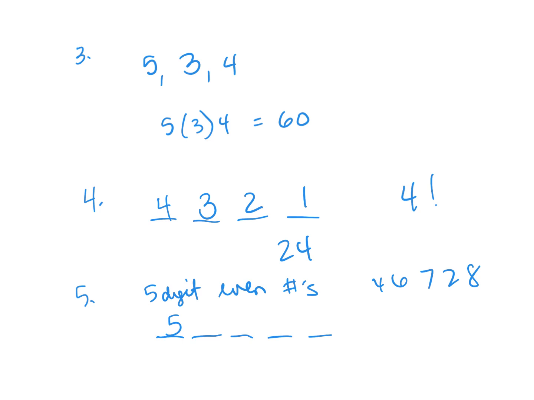On the second number, I can use all 5 numbers. Use 5 on all except the last, 4. On the third one, I can use 5, and then 5 more, and then 4, because even numbers are only these 4. The 7 would make it odd, so you cannot use that. And that should be 2,500.